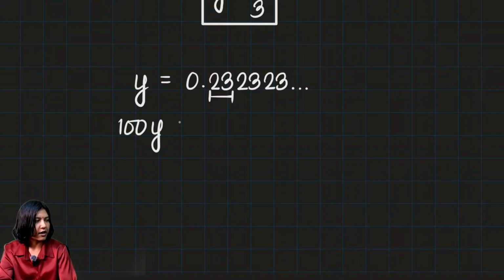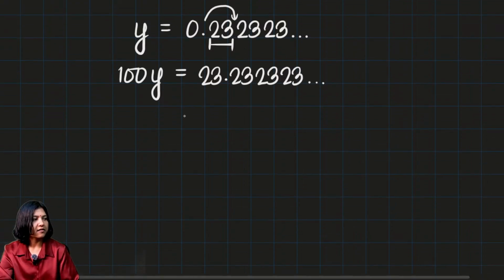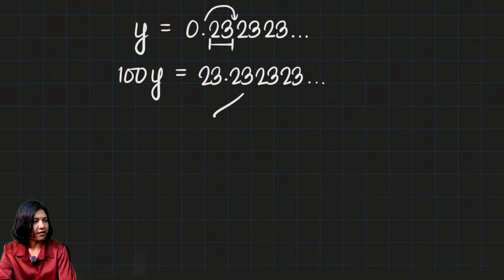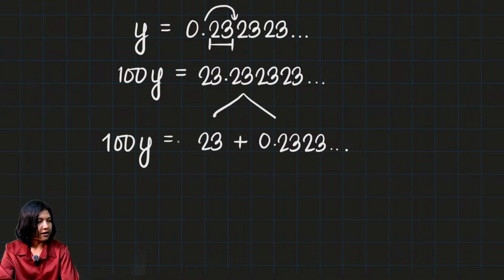So 100y should be equal to, because of multiplying by 100, my decimal moves to the right by 2 places, and therefore gives me 23.23232323, very similar to what I had originally. Now I can write this as 23 plus 0.232323 and so on. Why did I do this? Because I know this 0.2323 is y.